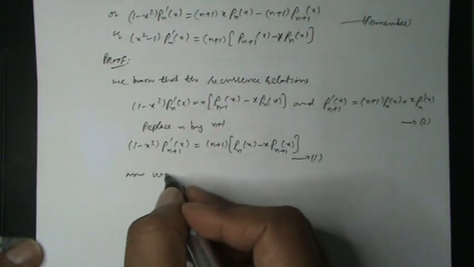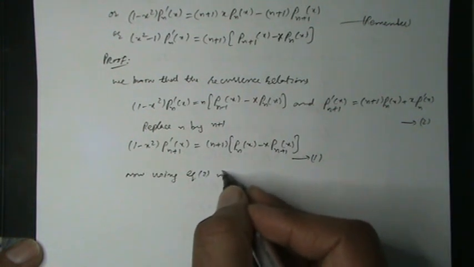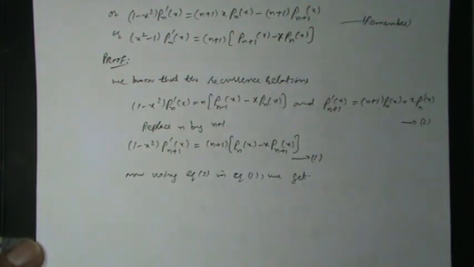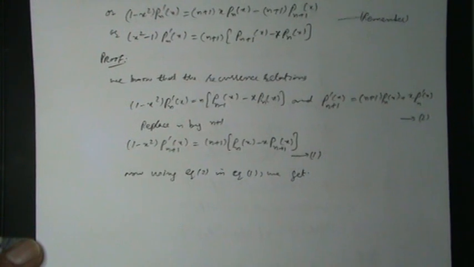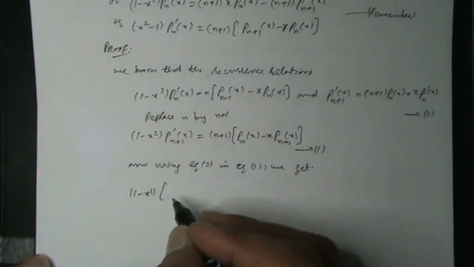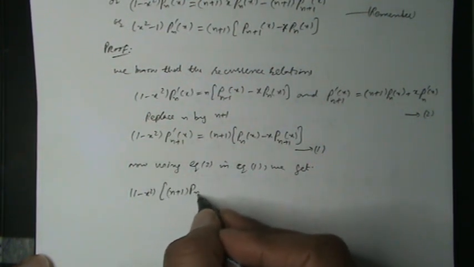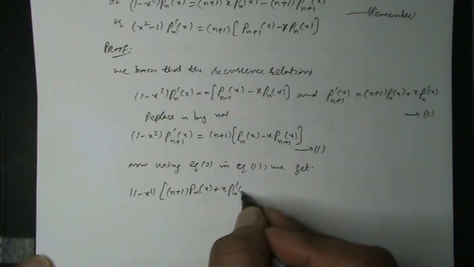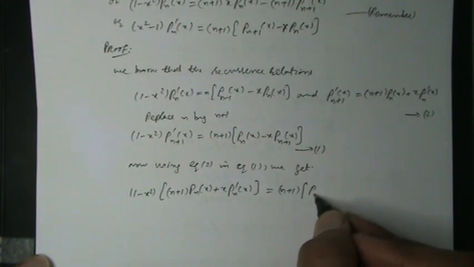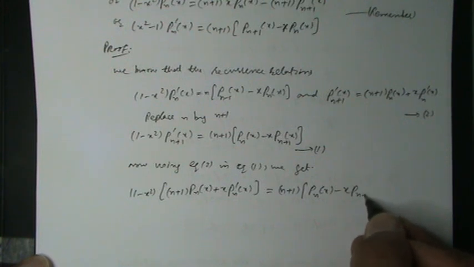Now using equation 2 in 1, we get Pn+1'(x), this value put here, (1 - x²)[(n+1) Pn(x) + x Pn'(x)] = (n+1)[Pn(x) - x Pn+1(x)].